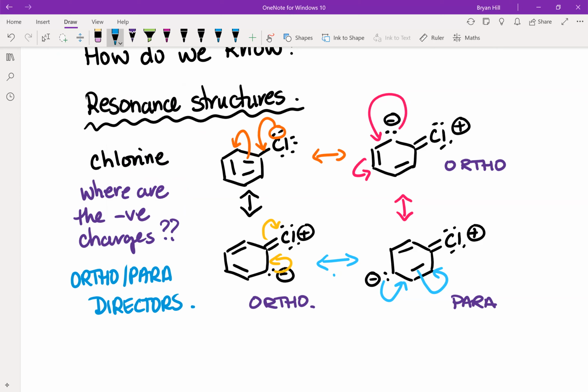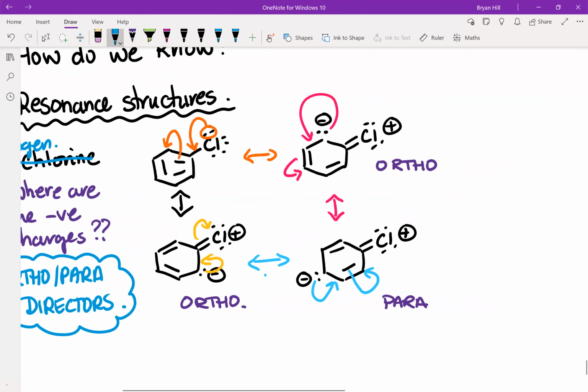So if you do a resonance structure with those lone pairs on the halogen, if it's chlorine or bromine or iodine, the negative charge in the ring is where the substituents end up, ortho or para.